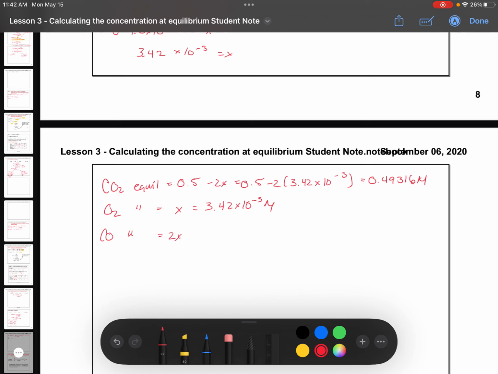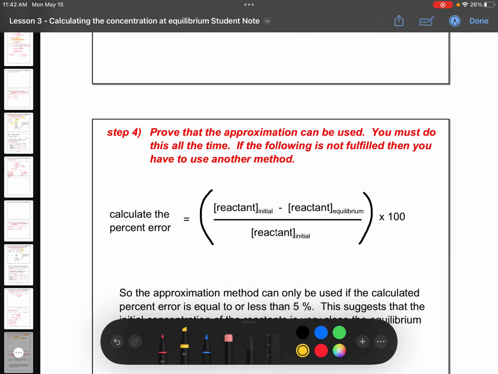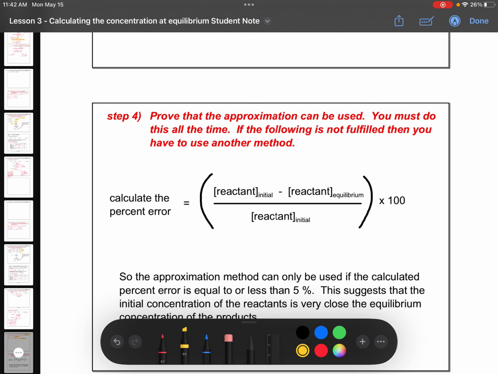O2 was x, which means it's going to be 3.42 times 10 to the -3. And then CO is 2x, which is 2 times 3.42 times 10 to the -3, giving us 6.84 times 10 to the -3 moles.